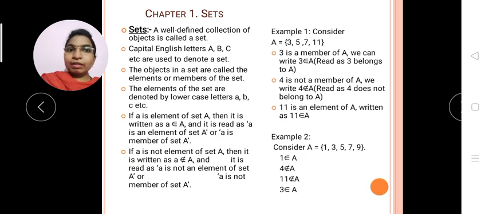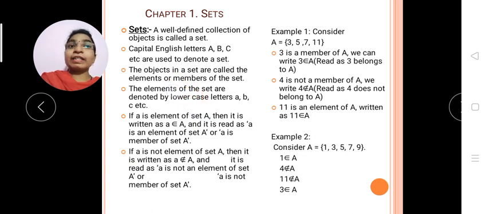For example, the vowels in English. How many vowels are there? There are 5 vowels, which are a, e, i, o, u. So these a, e, i, o, u are the 5 members or elements of that set. Which set? A set A. For example, let A be the set of vowels of the English letters.